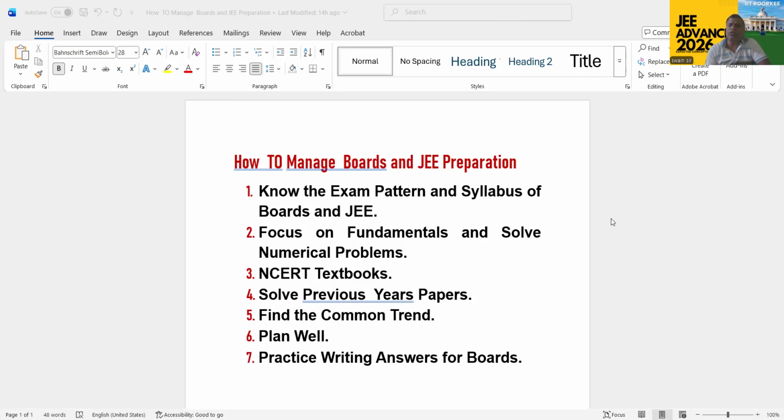That was a very important resource. But now PYQs are available chapter wise, which is good, but the problem is which year we should start from.